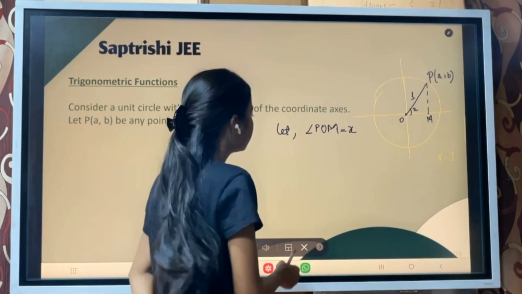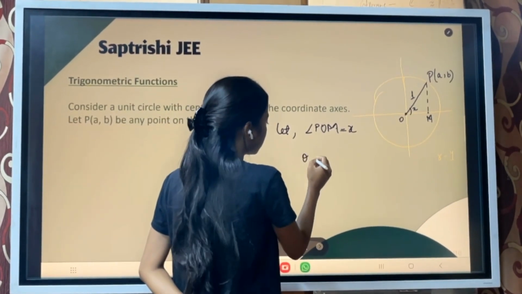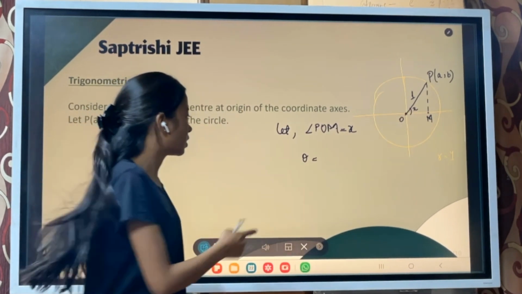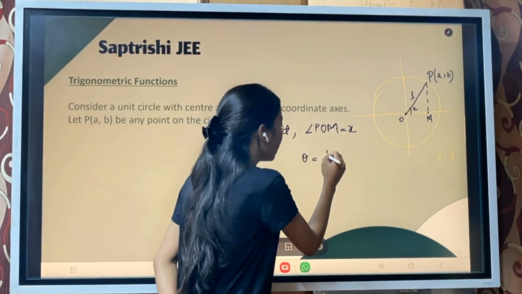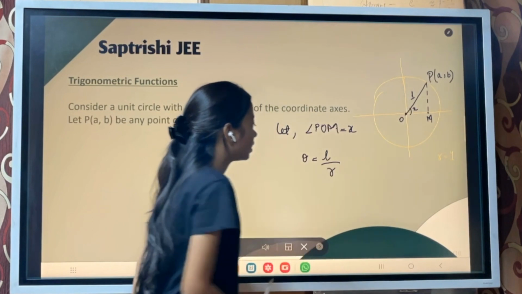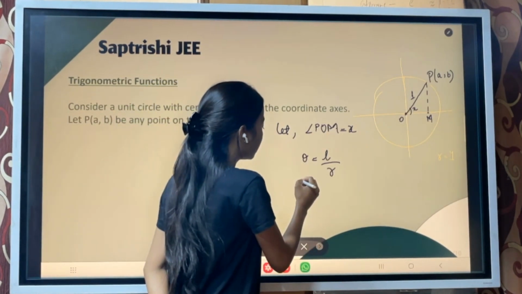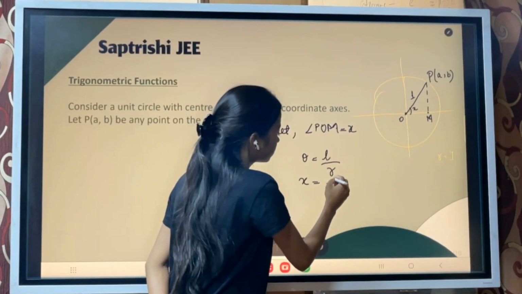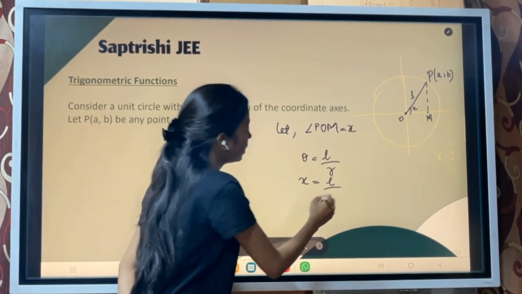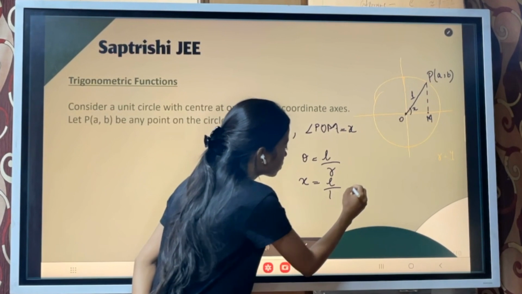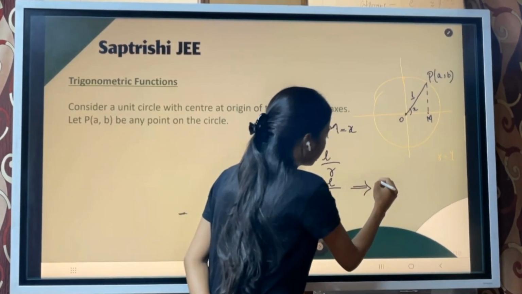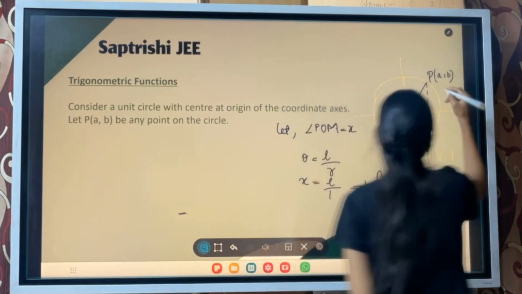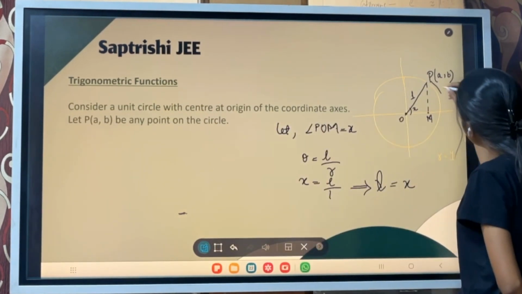We know the formula, theta is equals to length of arc by radius. I told you this in the last class. So theta is x. Length of arc we don't know. Radius is 1. So what we are getting here is length of arc is equals to x.